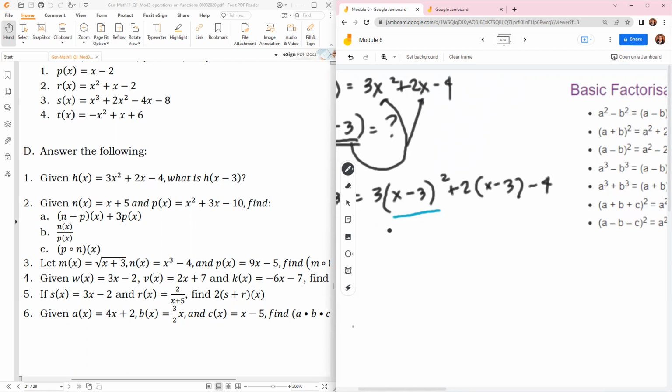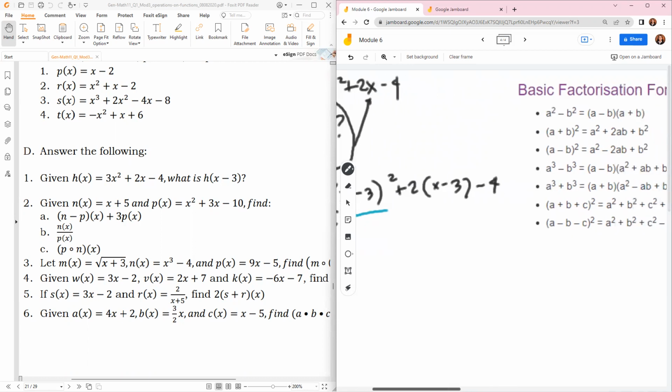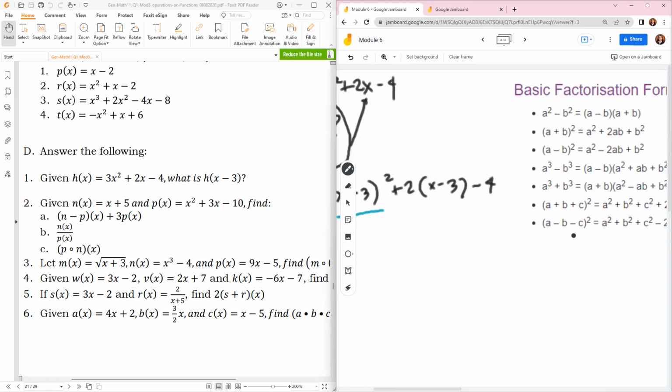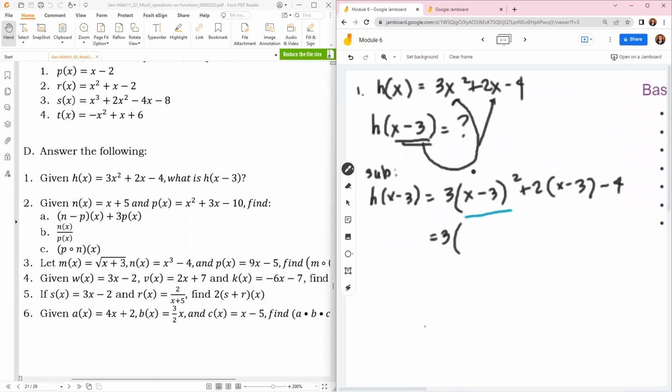So that would be, mag-expand ta, of course within a parenthesis. So unsa ganina siya? a squared minus 2ab plus b squared. So this is our a, this is our b. Ang expansion ana would be x squared minus 2ab, which is 2(x)(3), plus 3 squared or b squared.